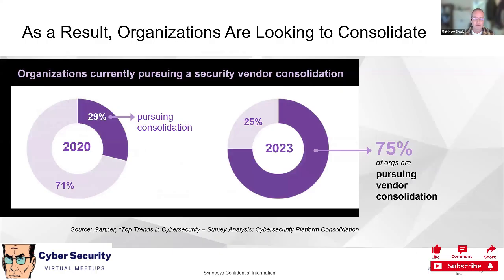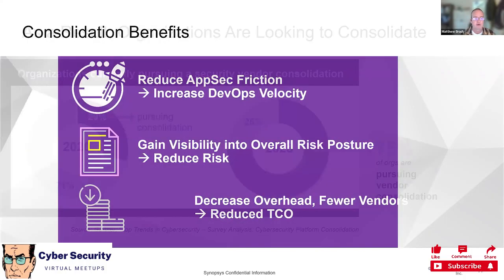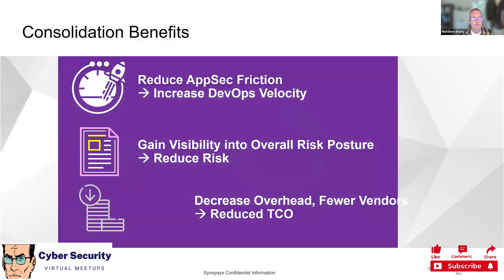So all of this is driving organizations to try to move away from individual tools and moving towards a consolidation platform. Okay, and again, you can read the slides there. So the vast majority of organizations are considering consolidation in 2023, and I'm sure that number has gone up more recently. Okay. So what are we talking about in terms of why people want to consolidate?